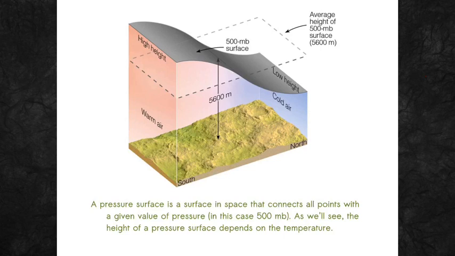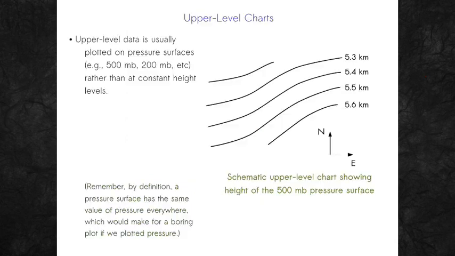If, for instance, we might be interested in the data where pressure is 500 millibars, which means we're going to end up showing data as represented on these pressure surfaces, because these are the places where pressure has a given value, and we're going to show the data at that value of pressure, which means we're showing data on this surface. So the maps that we make when we show the data at these given values of pressure are called upper level charts. Upper level charts are maps that are showing data on one of these pressure surfaces.